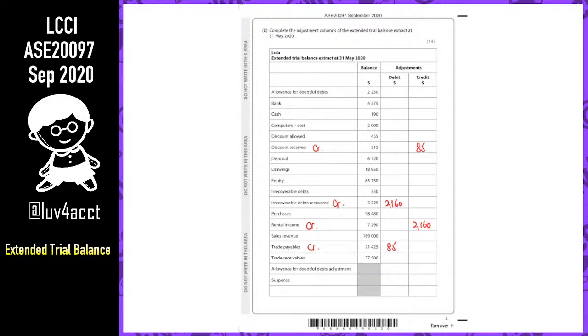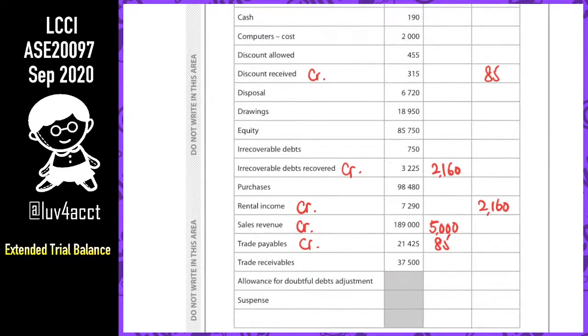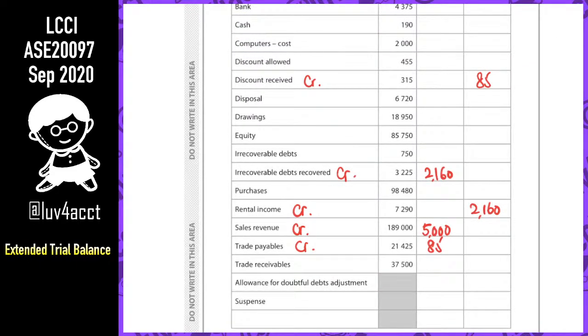Sales account is a credit side account, so if we want to reduce 5,000, we debit. Yes, we have the disposal account. Disposal doesn't have any designated debit or credit side nature, because it can be a disposal income, it can be a disposal loss. So 5,000 here.